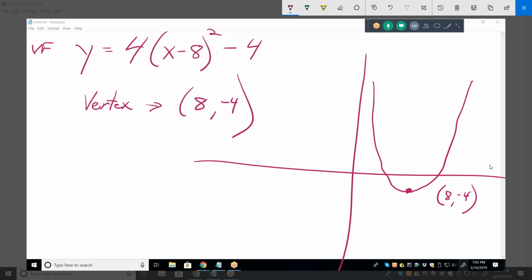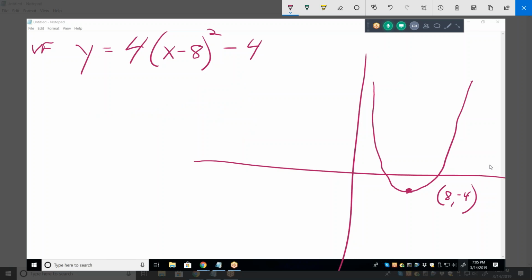You can solve for the y-intercept and then figure out what the third point is, or you can solve for both x-intercepts. Sometimes one's easier, sometimes the other's easier. I would suggest for the moment that you do both, just so you get familiar with both of them.